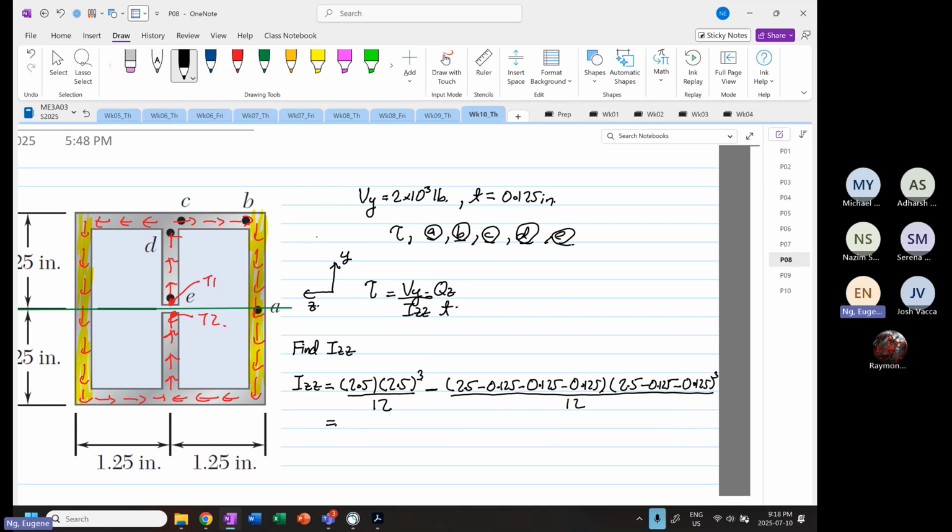So this will be equal to 2.5 to the power 4 divided by 12, which is 3.2552.